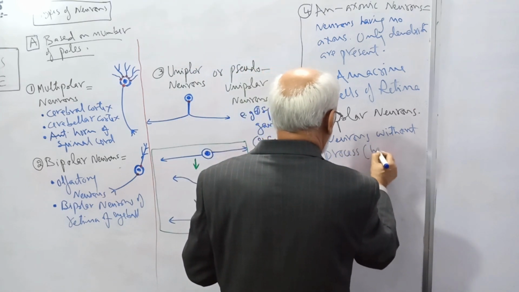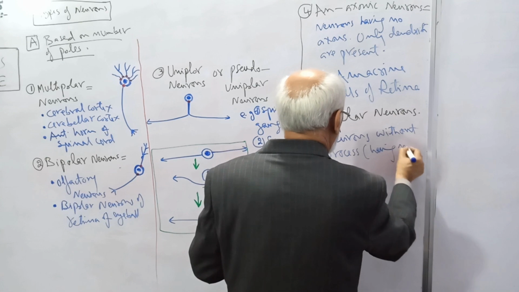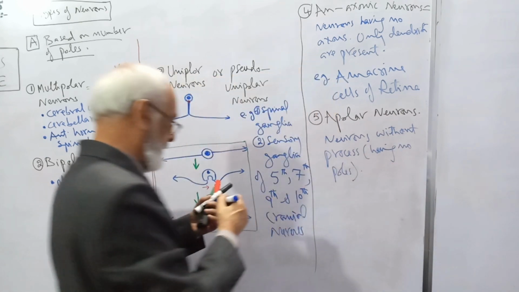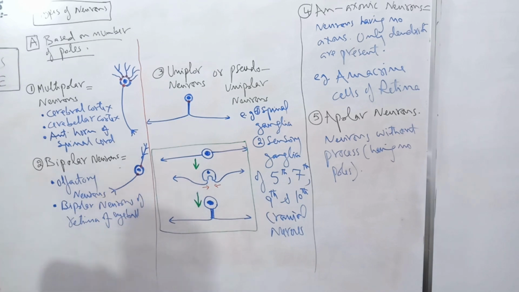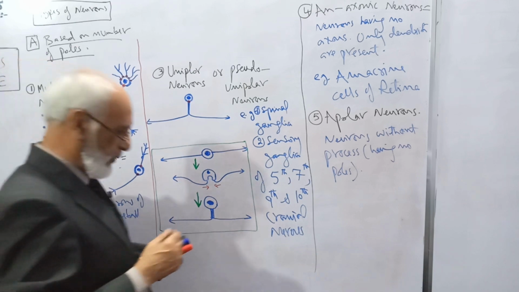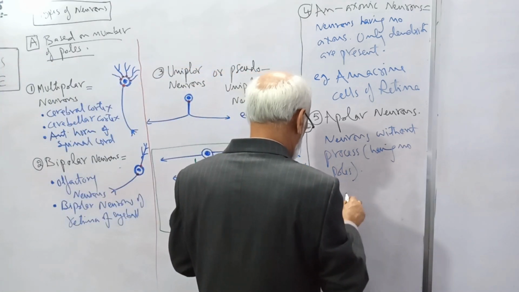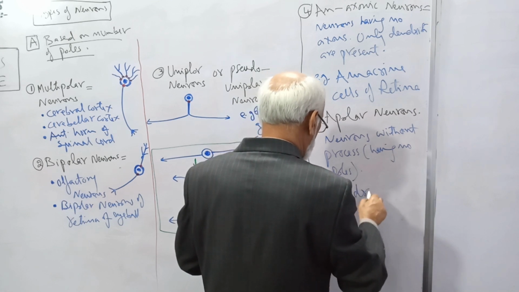Just the cell body is there. Neurons which have no poles, in other words which do not have any cell process, no dendrite, no axon, only a cell body, are called apolar neurons. These are found in the adrenal medulla, the adrenal gland.